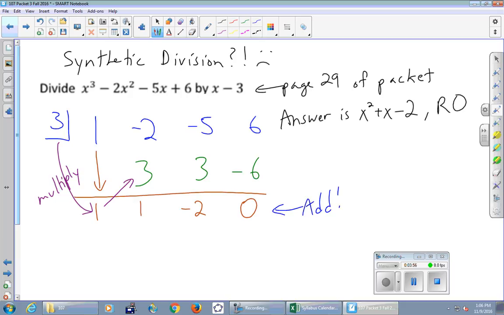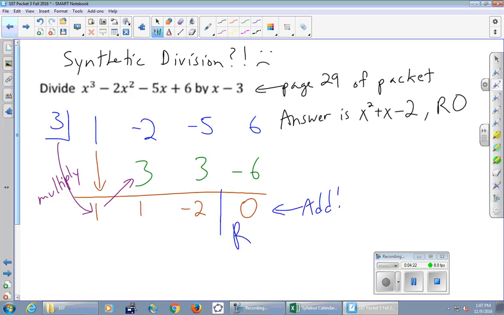Okay, so here's the answer. Here's how we interpret it. This very last number is always the remainder. So put a little line there that's separate from the rest of them. The rest of them, we now finally have to put the x's back on. We ignored the x's up until now. Now, the very first one in the beginning was a 1x cubed, right? But that's not what it is here. For me, I always like to start at the right.